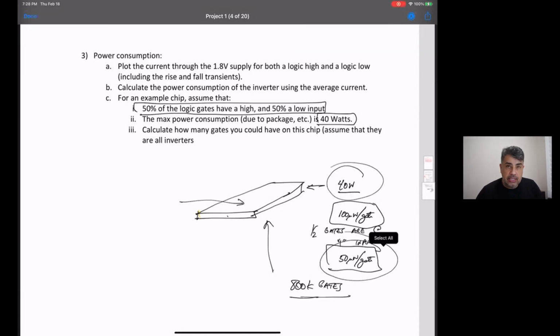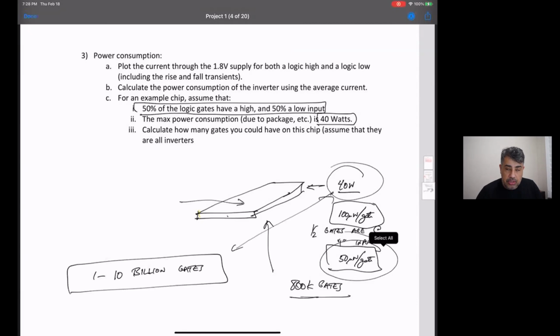Imagine, like we said, the chip in your PC might have 1 to 10 billion gates, maybe more, for the same power consumption. So this is not even 1 million gates, but if it was 1 million gates, it would be like 1,000 times less functionality than the chip you have in your computer now.